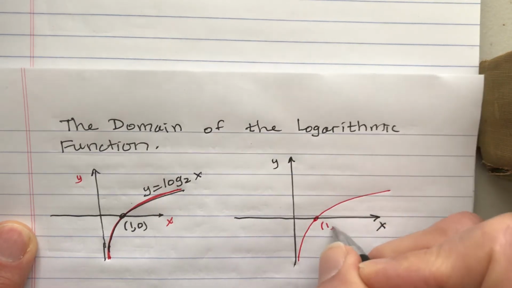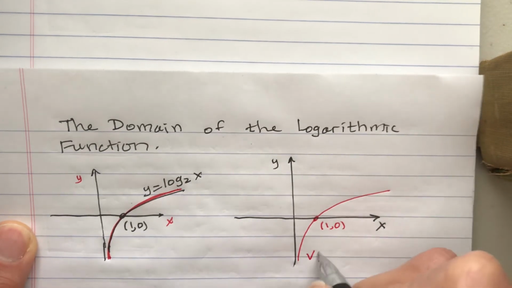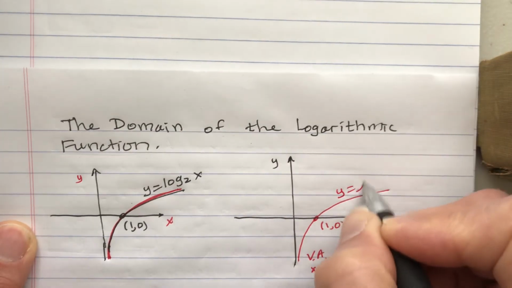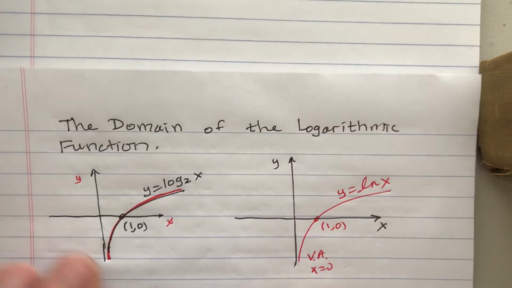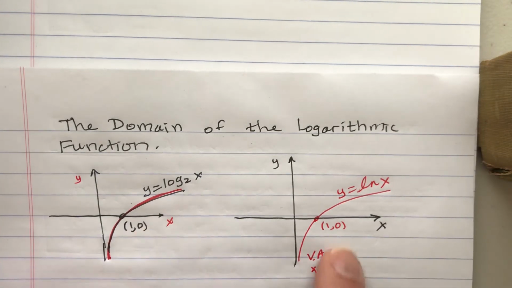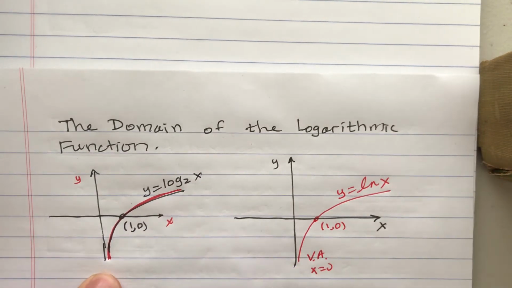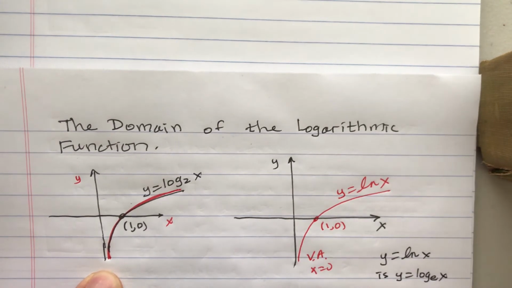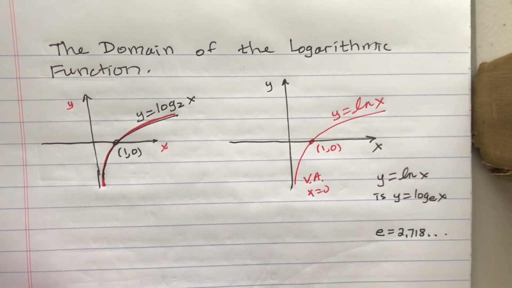The intercept will be the same, and we'll still have the same vertical asymptote. This one I'm writing as y equals ln x, and we would need a computer graph to see the difference between these two. And so recall y equals ln x is the same thing as y equals log base e of x, where e is Euler's number, and it's around 2.718.